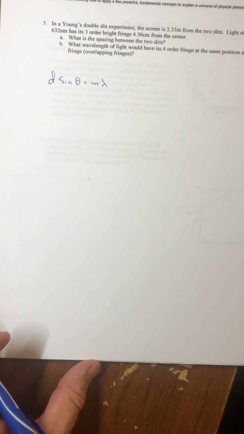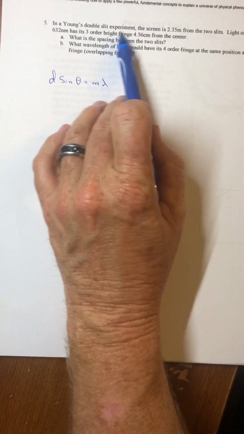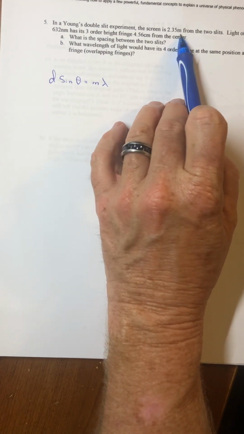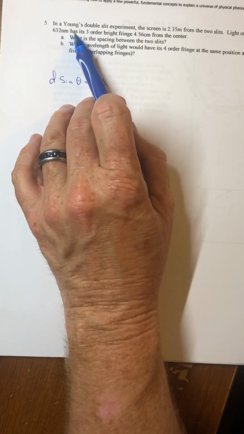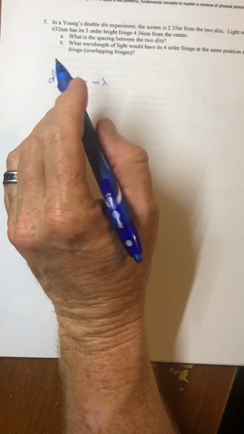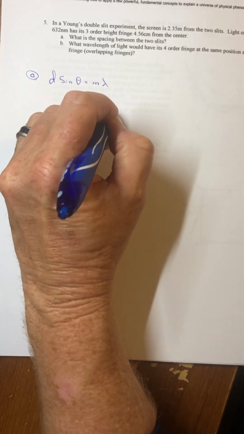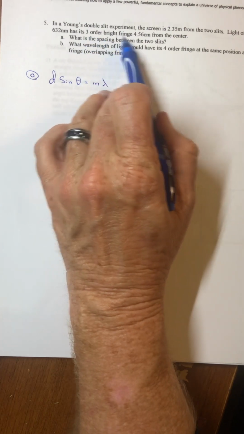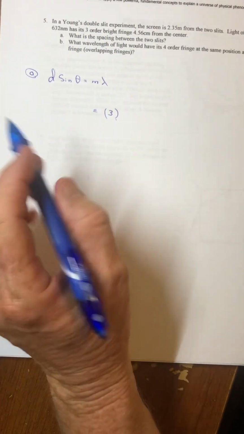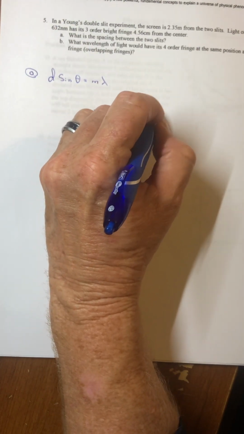In a Young's double slit experiment, the two slits, light of wavelength 632, has its third order. And if there's anything kind of tricky here, it's to make sure that the third order bright fringe means m equals 3 here. And the wavelength is 632 nanometers.